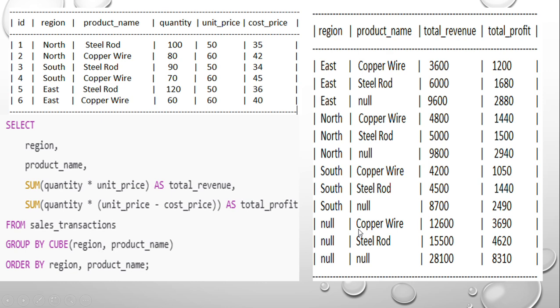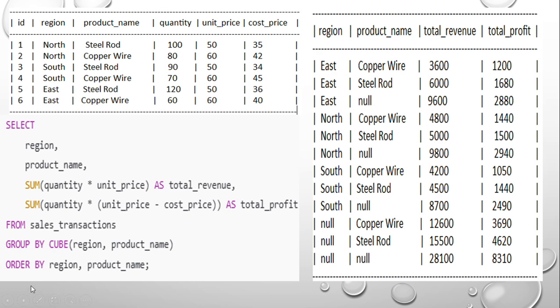And notice at the bottom, I am also getting the total for each product name irrespective of the regions. I mean, for copper wire I am getting the total for all three regions. And then finally I am getting the grand total of all the regions and products' total revenue and total profit.